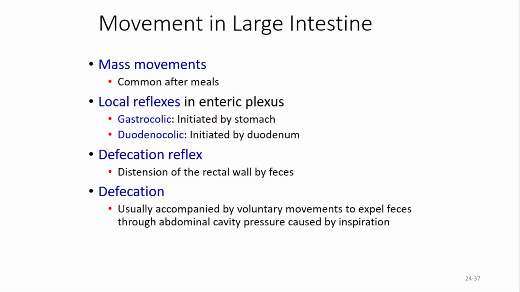So movement in the large intestine. We have mass movement, which is common after meals. This is why, if you're feeding a baby, right? Food's going in one end and what's coming out the other end is not the same as what you're putting in. It's not just coming right out the other side.